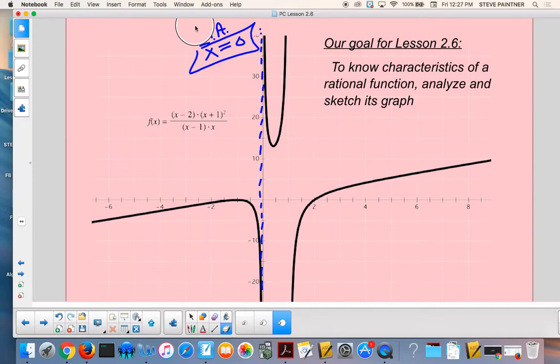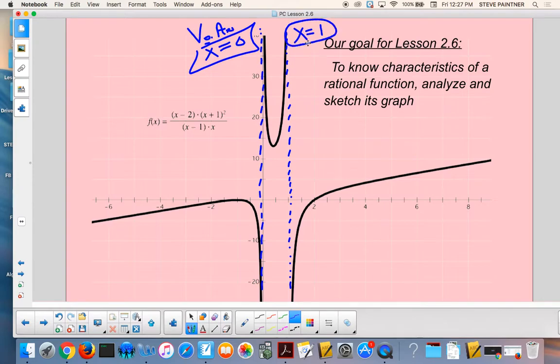So the vertical asymptote is x equals 0. And Paul, you did say this one, right? This is x equals 1. So you have 2 vertical asymptotes, okay?